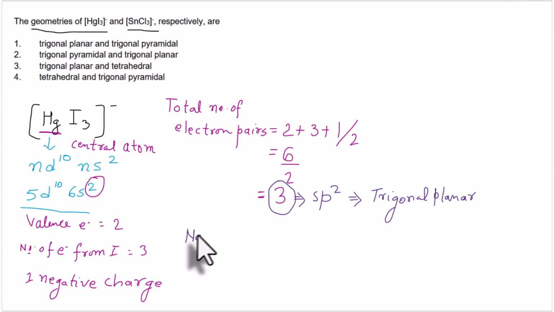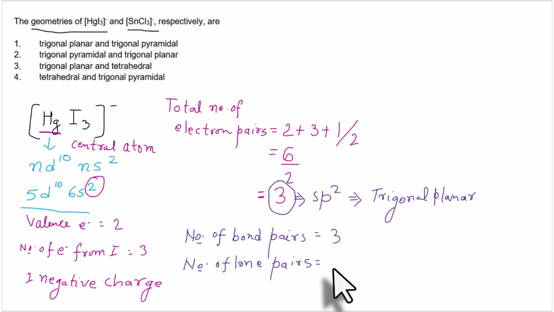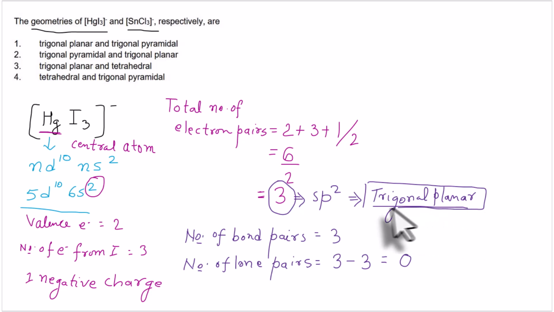And now what about the bond pairs? We have 3 iodines bonded to mercury, so 3 bond pairs. And what is the number of lone pairs? Total number of electron pairs is 3 and number of bond pairs is also 3, so lone pairs is equal to 0. There are no lone pairs. That means HgI3 minus will have a regular trigonal planar geometry.